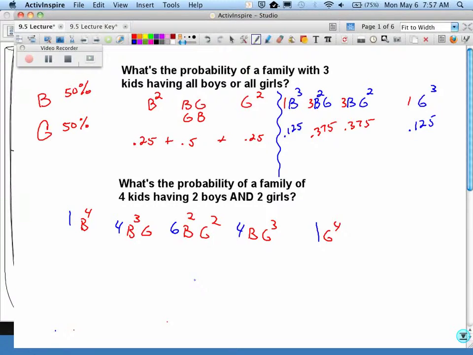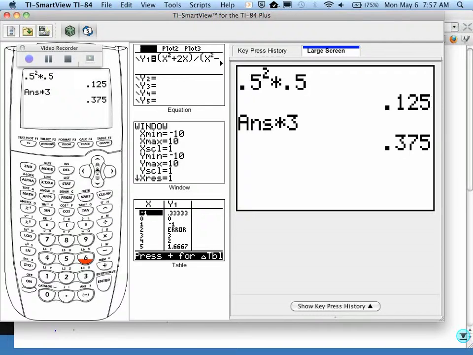Take 0.5 squared times 0.5 squared times 6. What do you get? 6 times 0.5 squared times 0.5 squared.